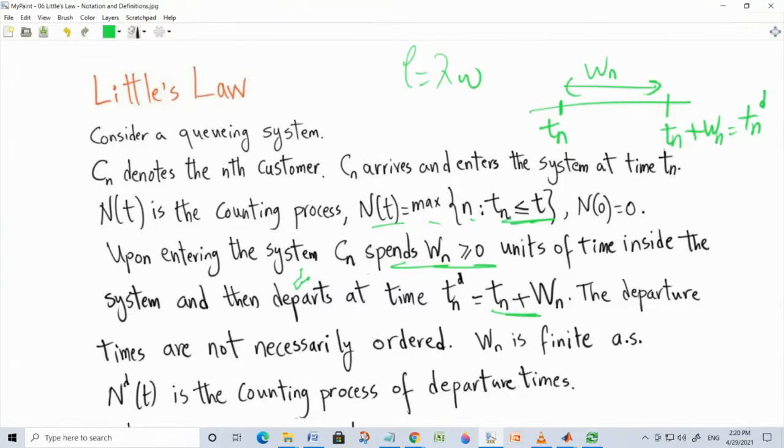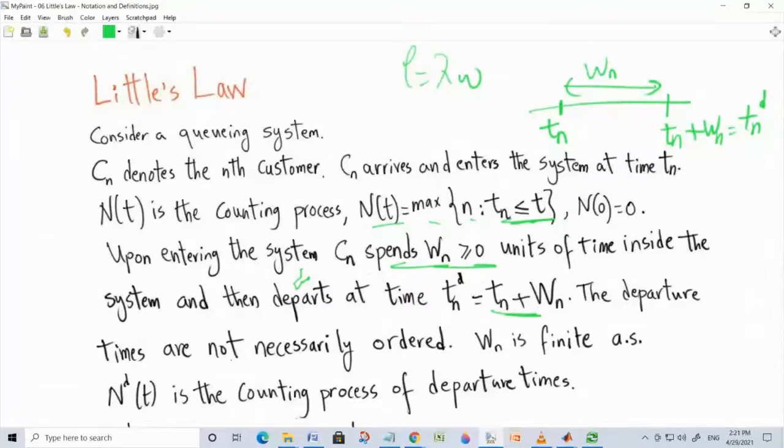The departure times are not necessarily ordered, because we are talking about a system in which you may perhaps have two servers, and so maybe customer 1 will come and enter service, customer 2 will come after customer 1, but perhaps customer 2 will finish service before customer 1.